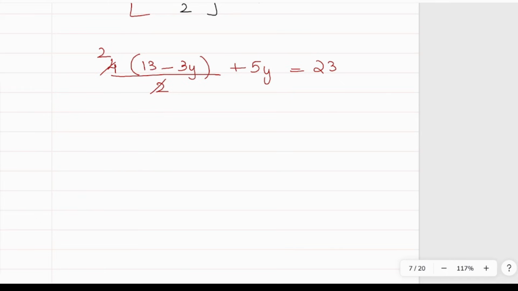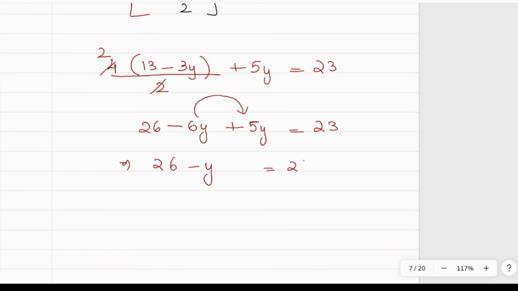Now what is 13 into 2? 13 into 2 is 26. 26 minus 3 2s are 6y plus 5y equal to 23. Okay. Then this one and this one, what can I do? 26 minus y equal to 23.